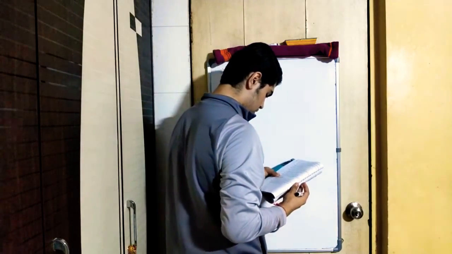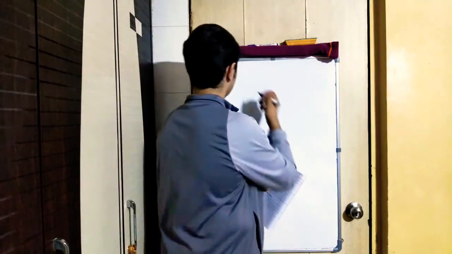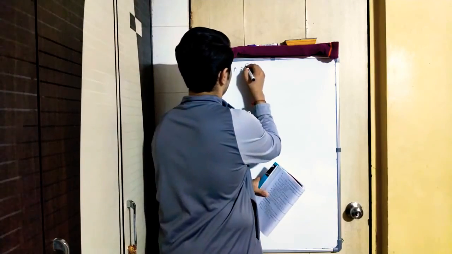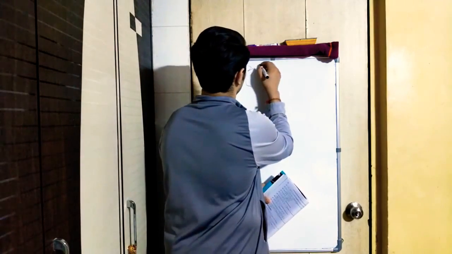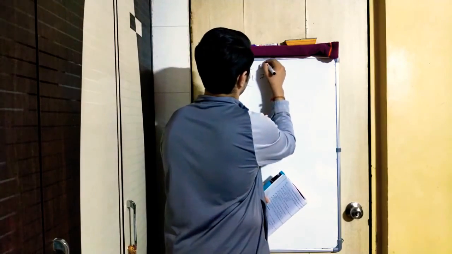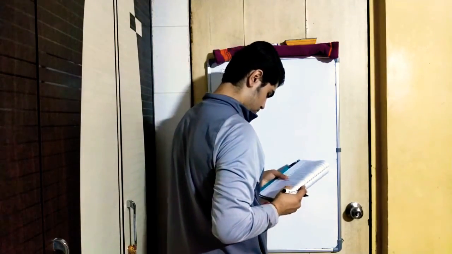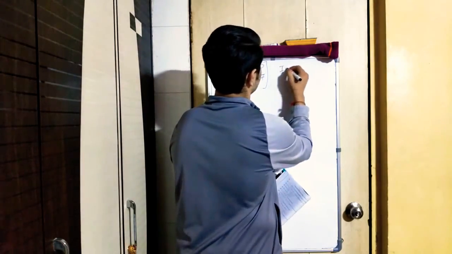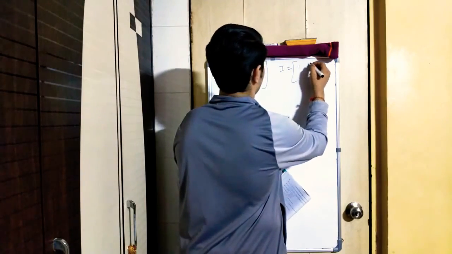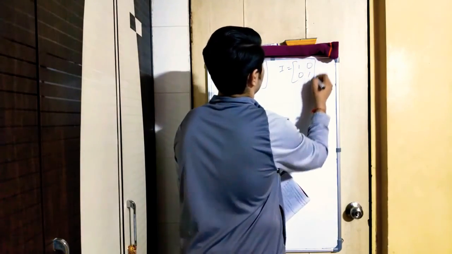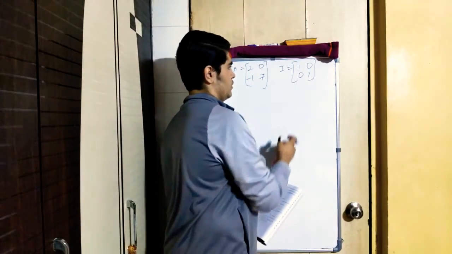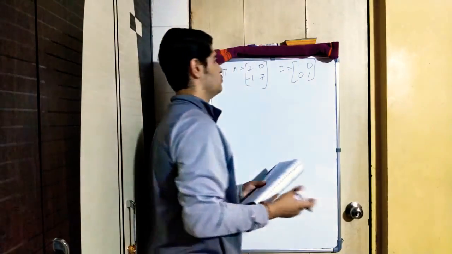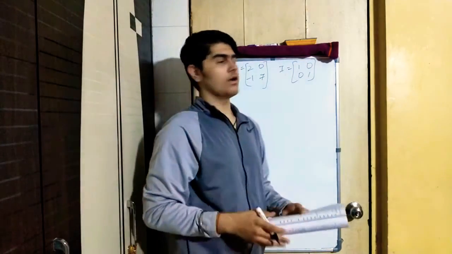Third question. A is equals to 2 0 minus 1 7 and I is equals to, see students, friends, here the I value is given in boards, it can be or cannot be given.